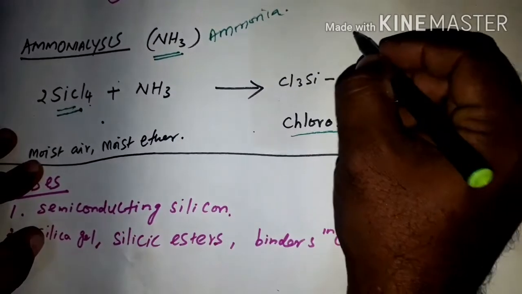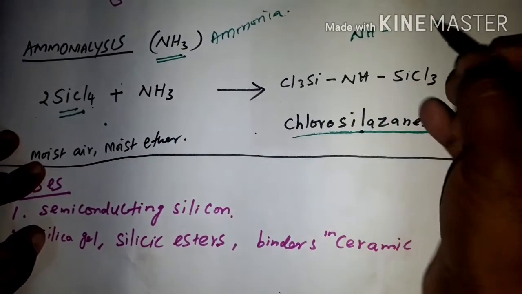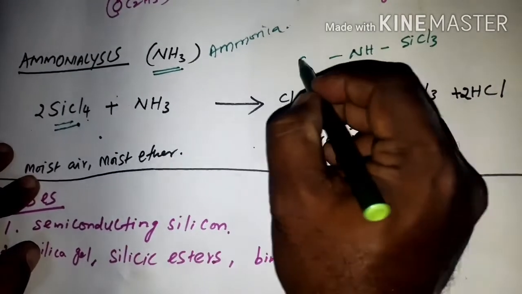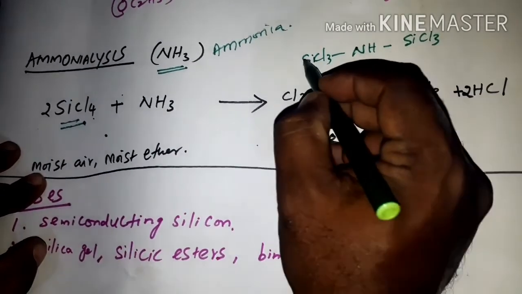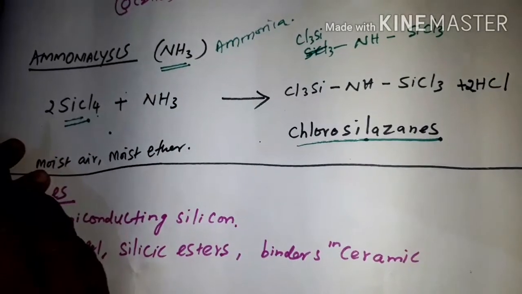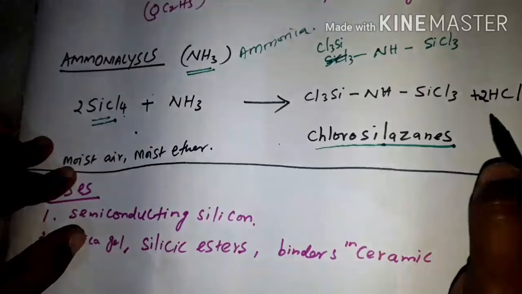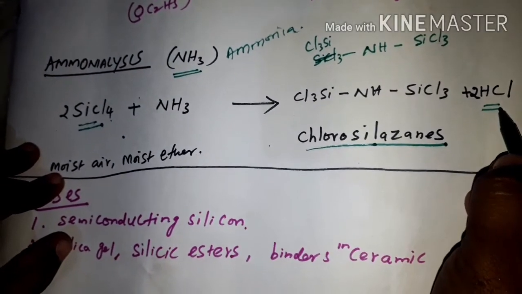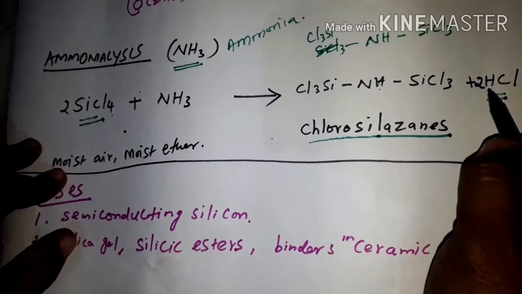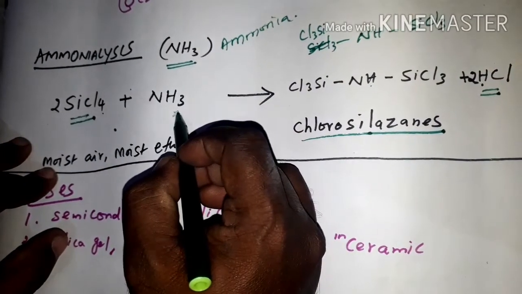Silazanes, so first NH and on both sides what will happen? SiCl3, here also SiCl3. Now the byproduct is HCl. Okay, so here one hydrogen and here two hydrogen, so here total 3 hydrogen.